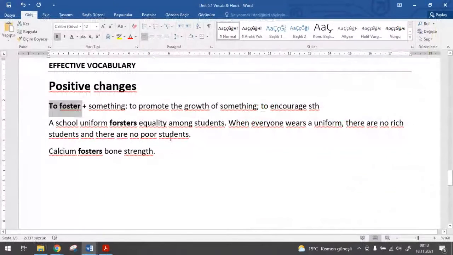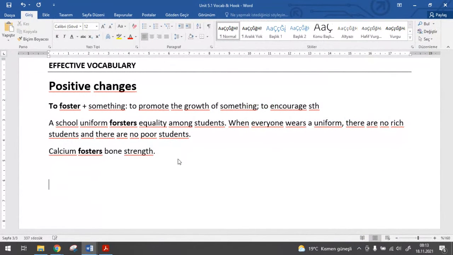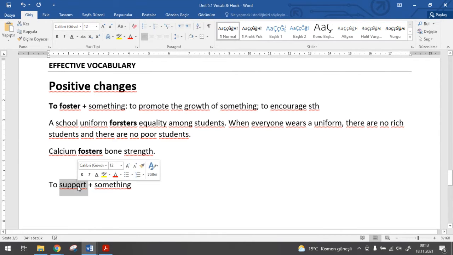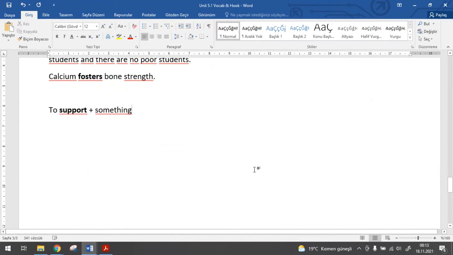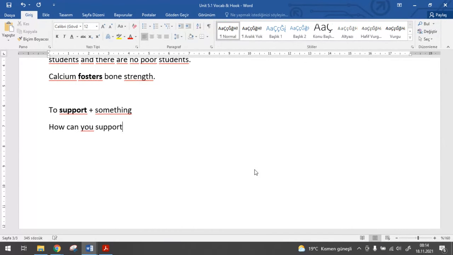I think we know the word support before. But again, you need an object with the word support. Means after the word support, you need an object. One example is this: how can you support your opinion?